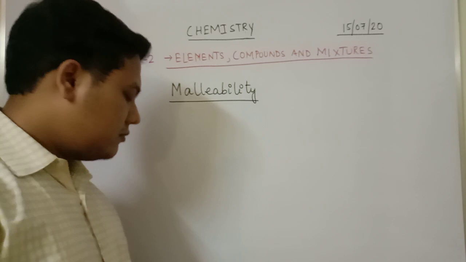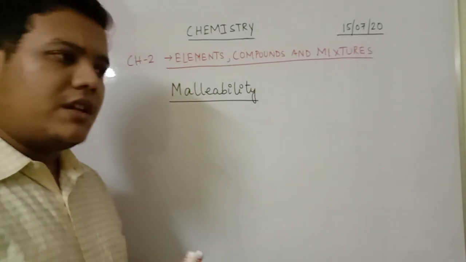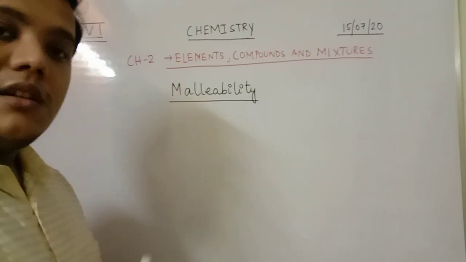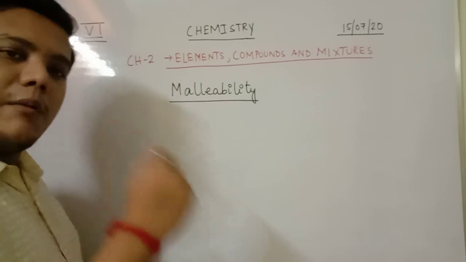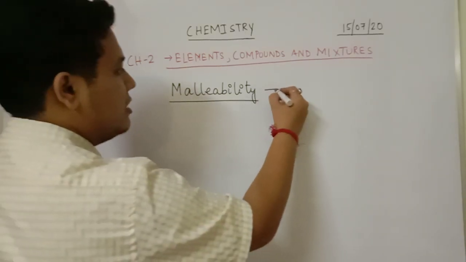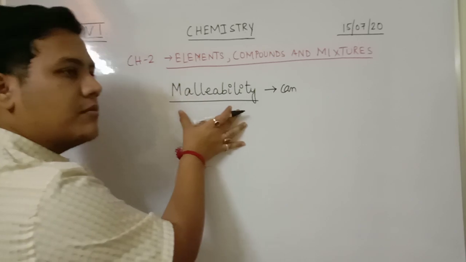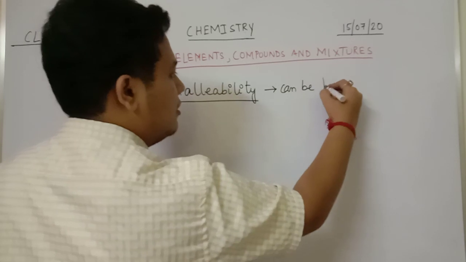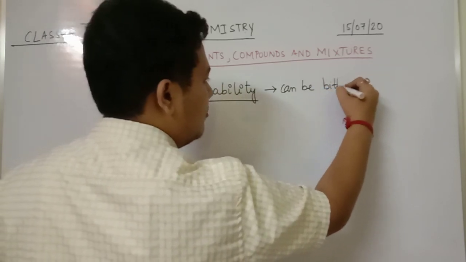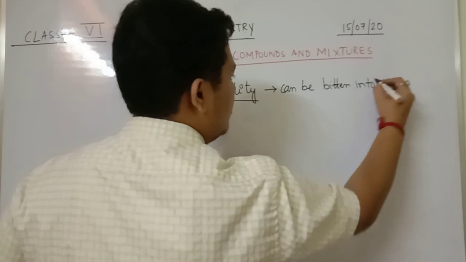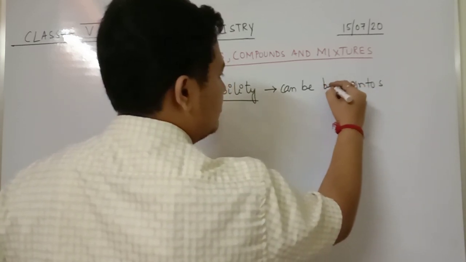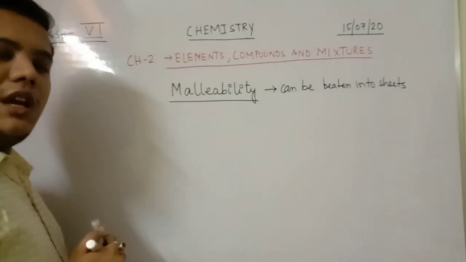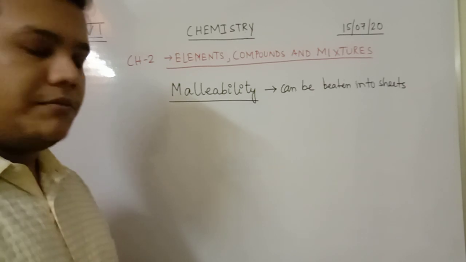You have seen the men working in the factory, they are hammering the iron continuously to change its shape. So that is the nature of elements. You can hammer them to bring them to sheets. That means we can write the main thing of this malleability property: it can be beaten into sheets. You can beat down any element in the form of a sheet.